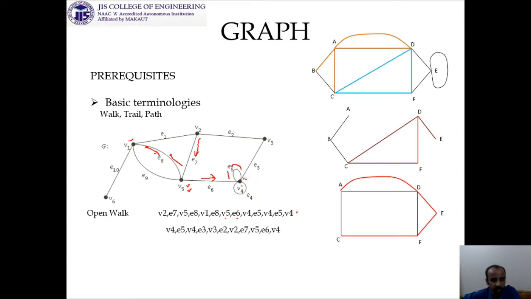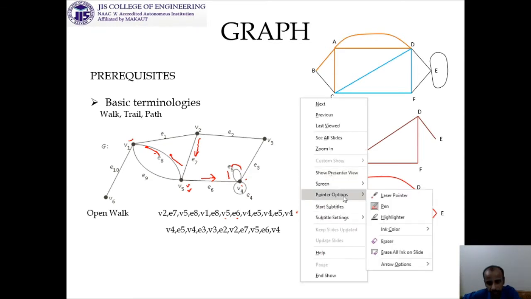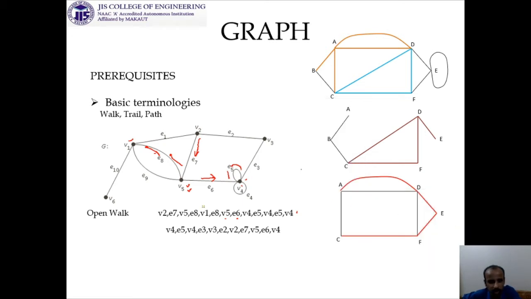Now we are taking another sequence. Please concentrate on this one. It is starting from V4, this vertex, then E5, that means the self loop, then V4 again will come, then E3.